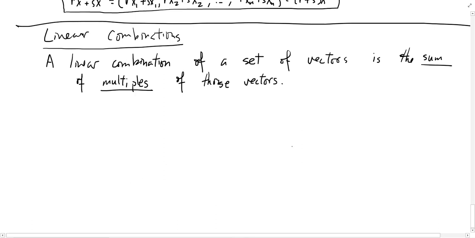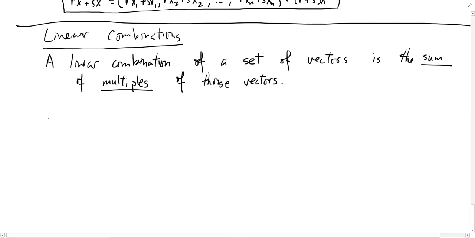So here come two important words, the word sum and the word multiple. What do those two words mean? Well, as you expect, the word sum basically just refers to vector addition, and the term multiple just refers to scalar multiple. So essentially, a linear combination is basically vector addition and scalar multiplication of vectors together.